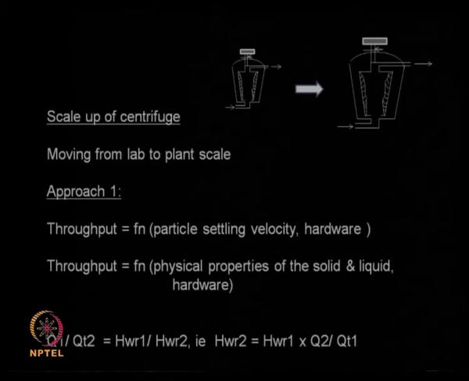So, Q2 by Q1 tells you how much scale up I am going to perform with respect to throughput. You multiply the hardware 1 values with this ratio of Q2 by Q1. Okay, let us look at a problem.